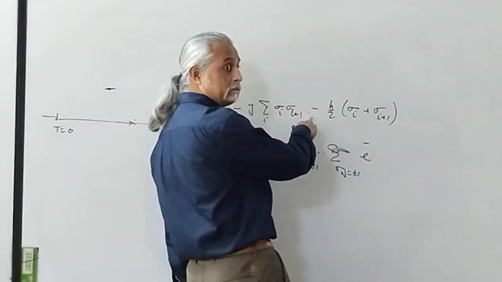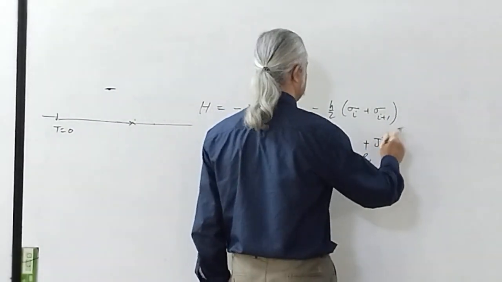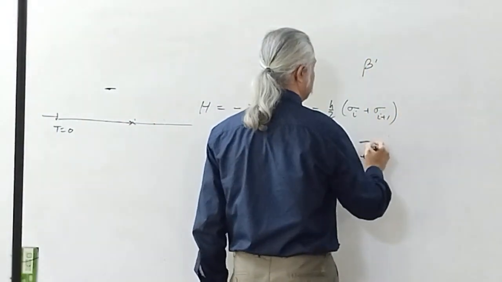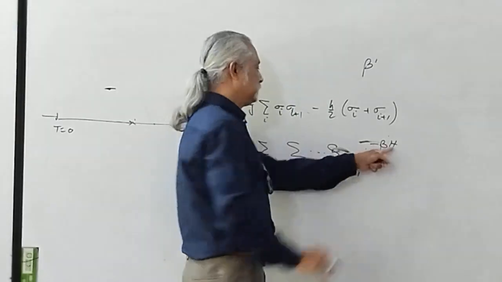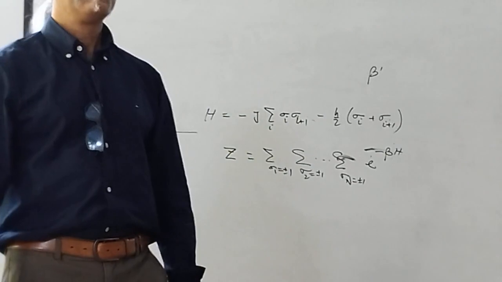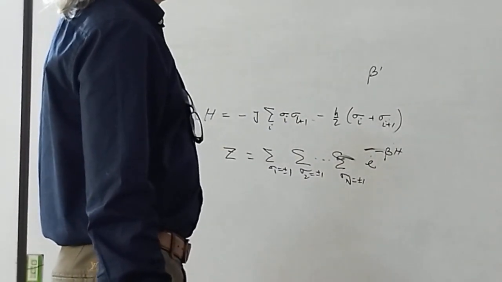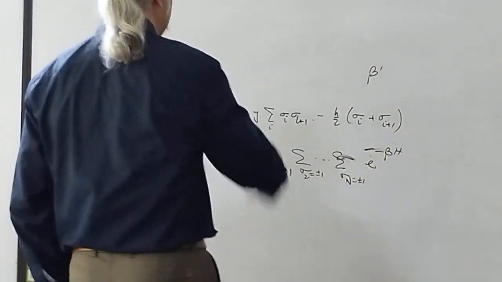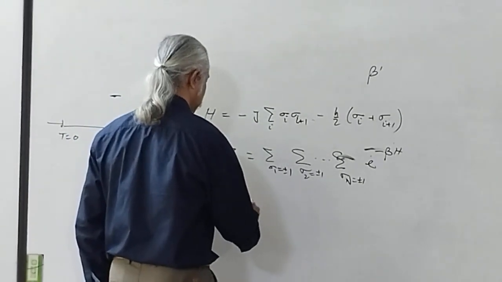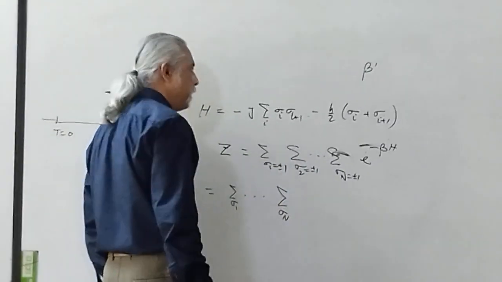কিন্তু এখানে সবগুলোর মধ্যে মাইনাস আছে so plus J মানে beta H minus beta, you just plug the H from here, and if we plug that we get sigma 1 to sigma n.